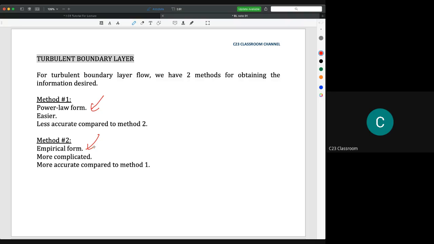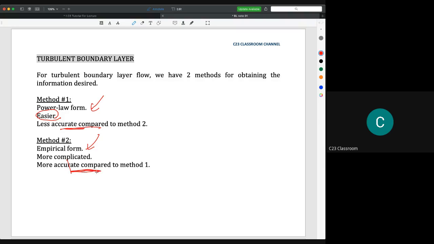Both have their advantages. The power law form is easier, but it is a little bit less accurate compared to method number 2. Method number 2 is more complicated because it asks us to calculate so many things, but the answer is accurate.